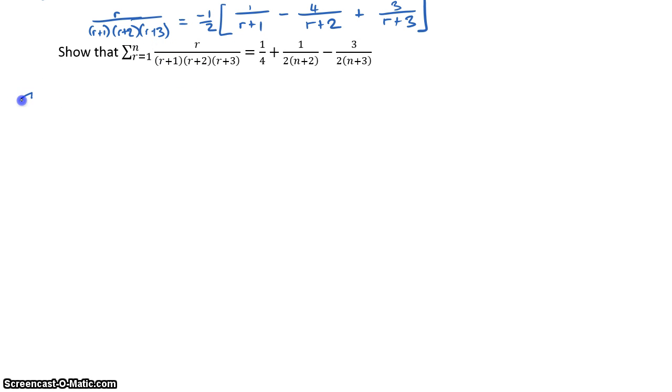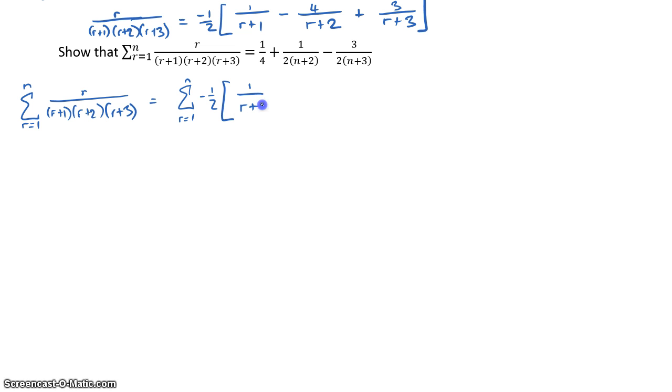So the summation from r equals 1 to n of r over (r plus 1)(r plus 2)(r plus 3) is equal to the summation from r equals 1 to n of -1/2 times 1 over (r plus 1) minus 4 over (r plus 2) plus 3 over (r plus 3).